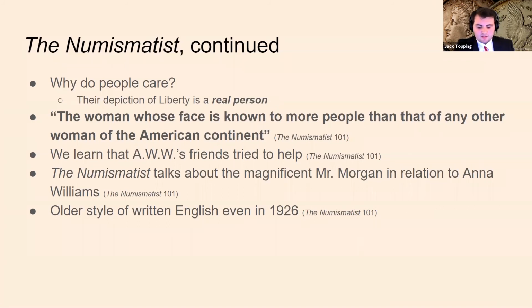So let's jump down to the middle and the end of the article, because this is where we learn and reinforce some of the things we learned so far. The article talks about George Morgan, naturally, and that he wanted to work on the obverse design. The article towards the middle says, quote, "George Morgan, his attention was then turned to the other side, and his original inclination was to place on it a fanciful head representing the goddess of liberty.